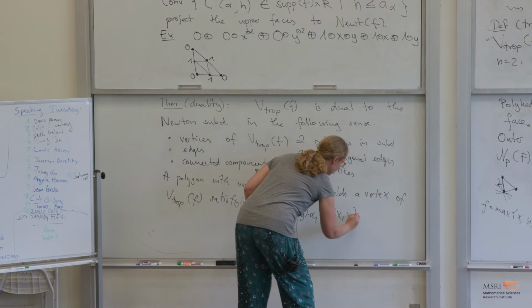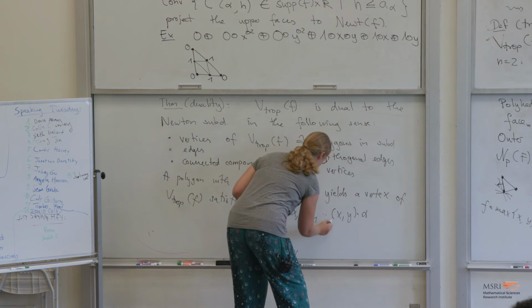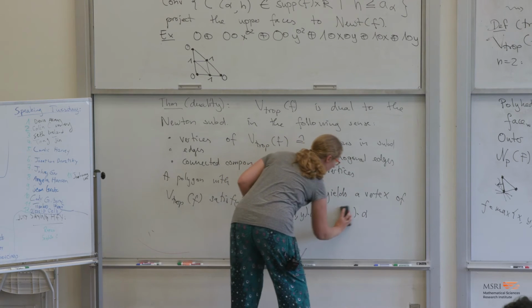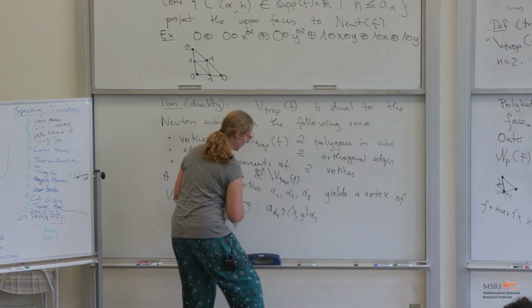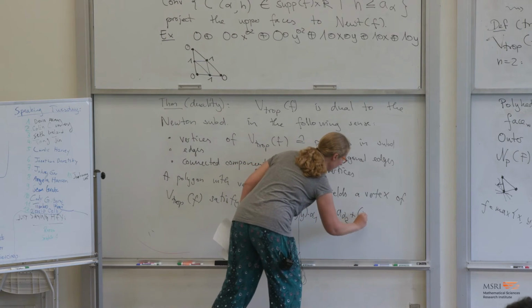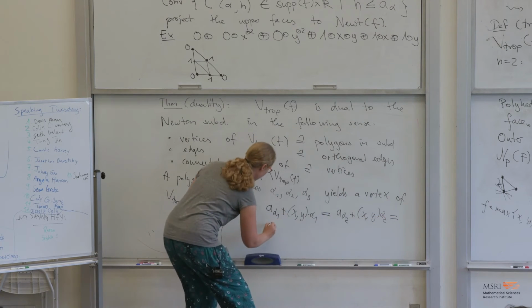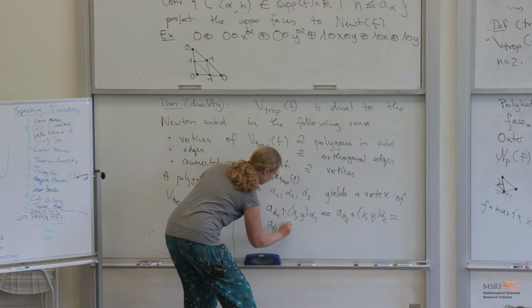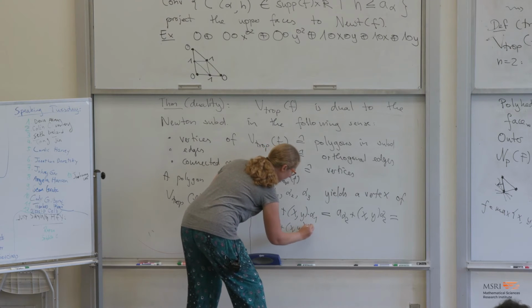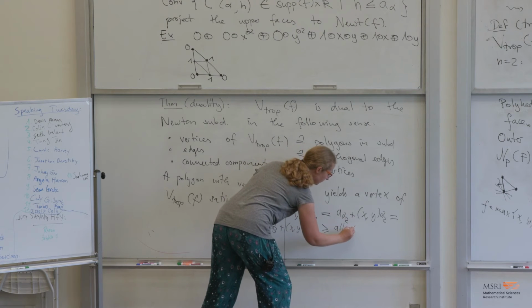So: A alpha 1 plus xy alpha 1 equals A alpha 2 plus xy alpha 2 equals A alpha 3 plus xy times alpha 3, which is bigger or equal to all other terms.